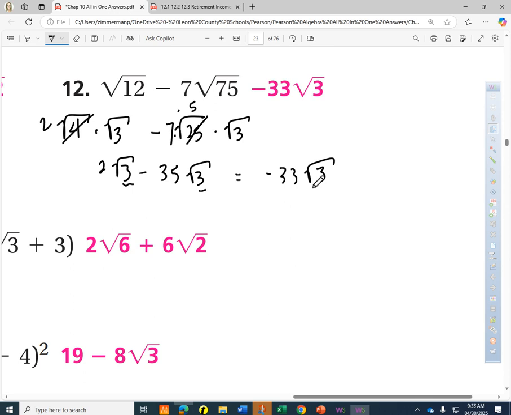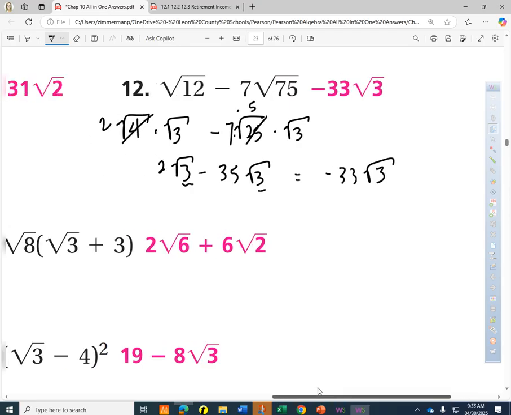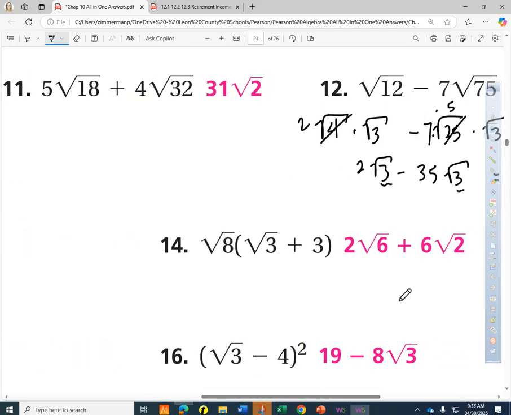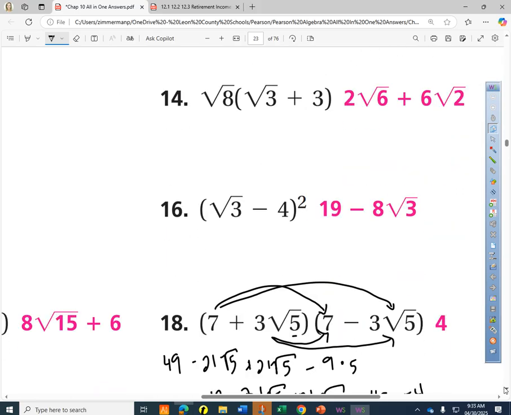Make sense, Fatima? 16? What did you get for 16? Okay, so how do you think like that in our notes?